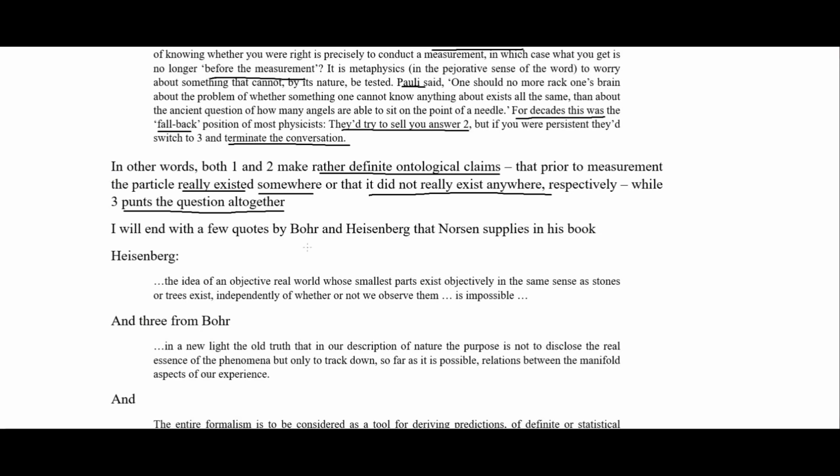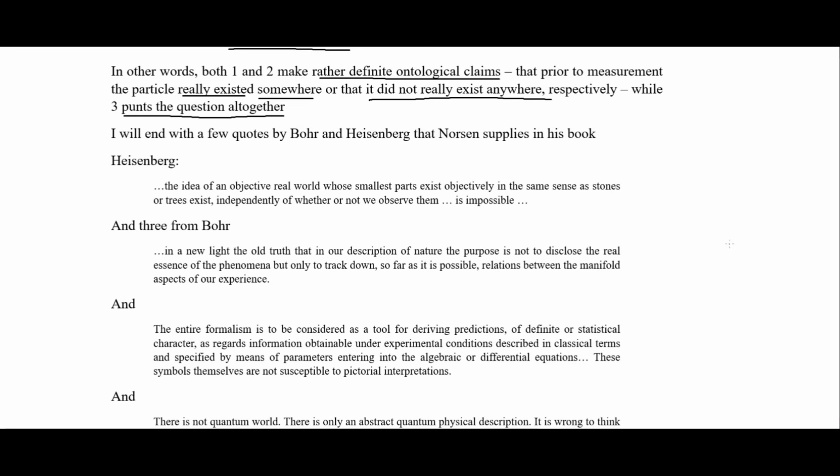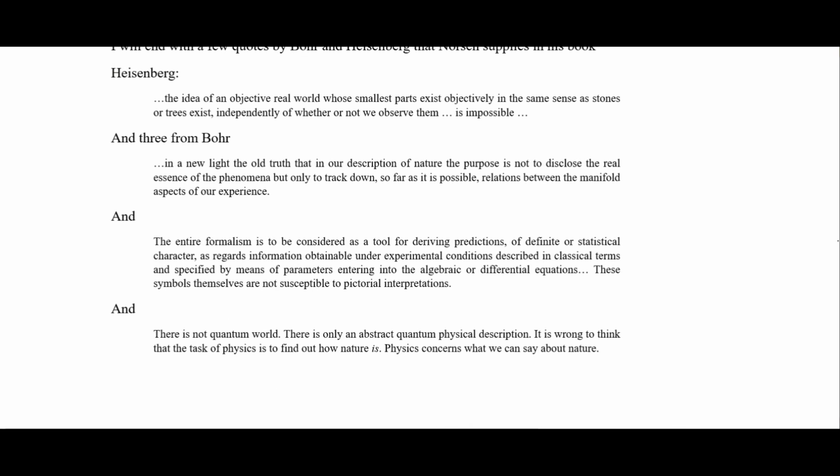So I'm going to end here with a few quotes by Bohr and Heisenberg that Norsen supplies in his book, that highlight what their thinking was on this subject. Heisenberg says, the idea of an objective real world whose smallest parts exist objectively in the same sense as stones or trees exist independently of whether or not we observe them is impossible.